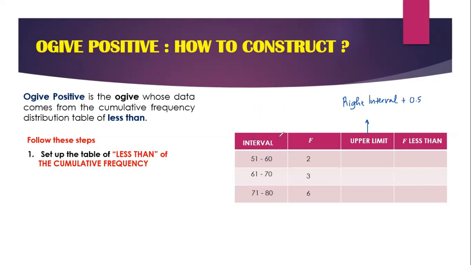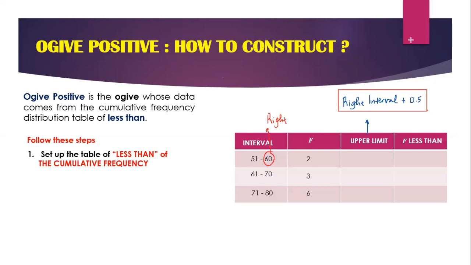Now we are focusing on the right interval. The upper limit is right interval plus 0.5.